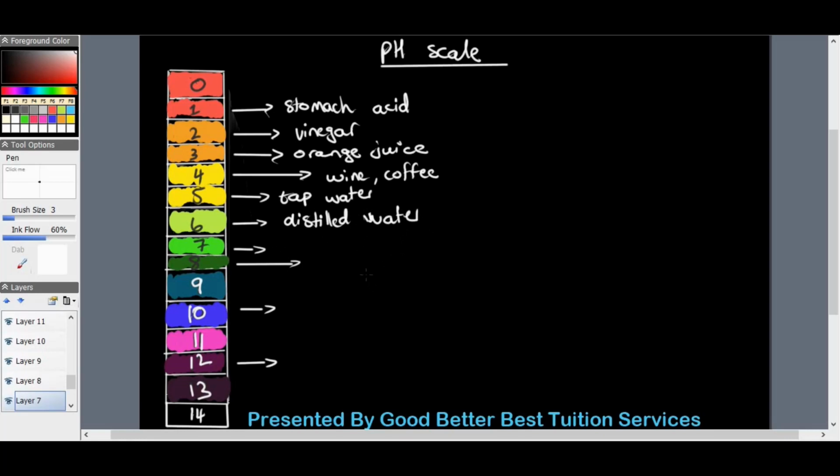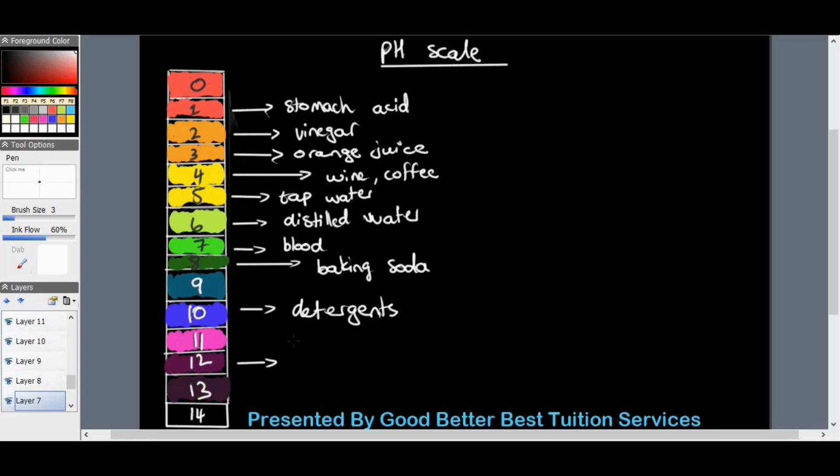Distilled water is a pH level of 6. Okay, number 7 would be like blood. Number 8 would be baking soda, your bicarb. Number 10 would be your detergents, household detergents, like a base of 10. If you drink that, let me tell you, we have to rush to the hospital, otherwise you're going to die.